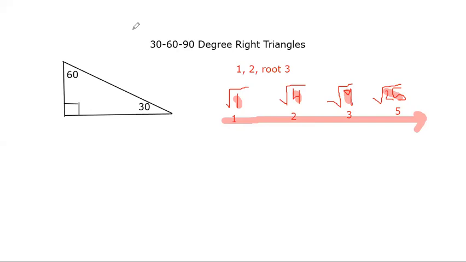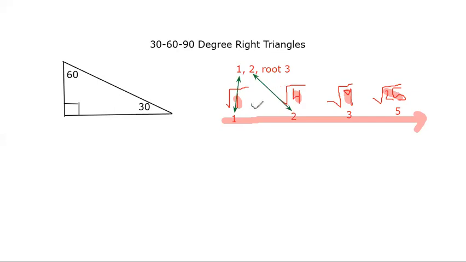I said all that to say this. We look at 1, that's actually the square root of 1. So here's our 1. 2 is actually the square root of 4. Where would root 3 go on this radical number line?